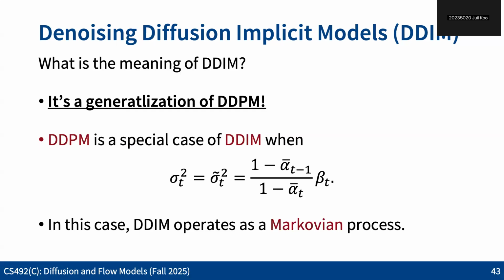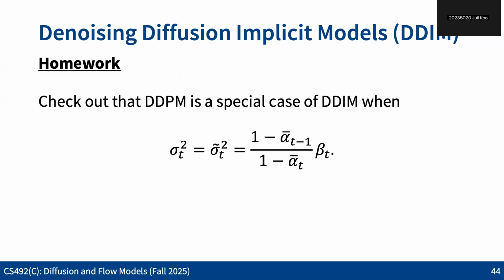So a very specific case of the DDIM actually becomes a Markovian process. So you can see that DDIM is doing a generalization of the DDPM, in a way that we can either increase the variance or decrease the variance, such that we can even make it deterministic. Some kind of degenerate idea. So check whether this variance will really make the DDIM the same as the DDPM. So this is the homework.